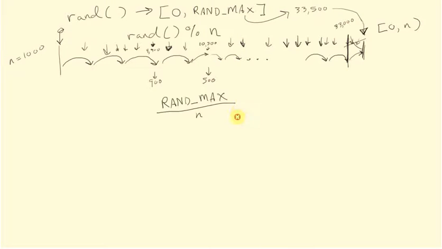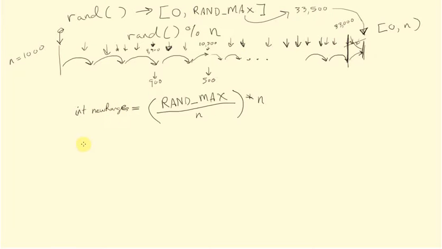But the way that code works by default is it truncates this division. So we're actually going to get the amount of parts of rand max that are divided by n, truncated. So we'll get the whole parts before the remainder, and we're going to multiply that by n, and thus we have that new range that we're looking for.